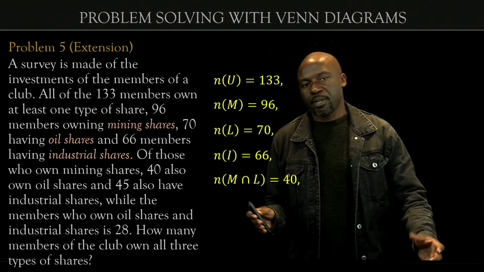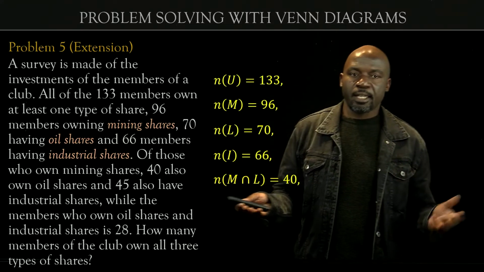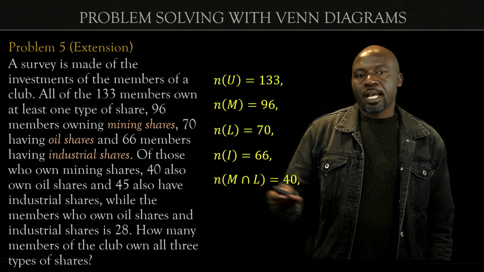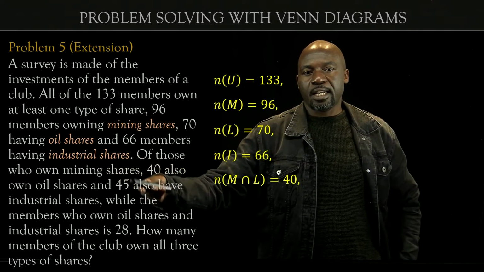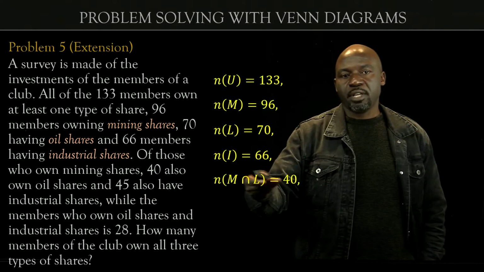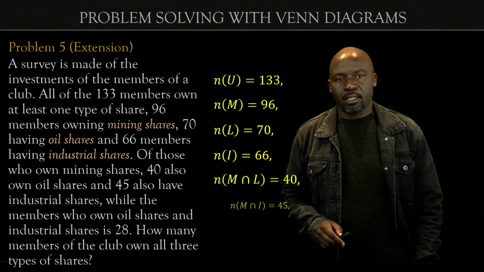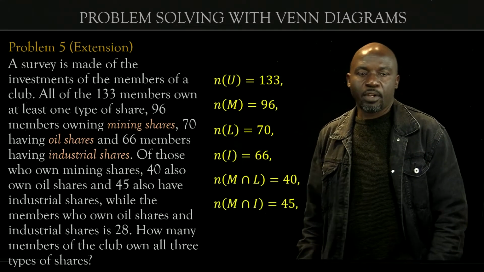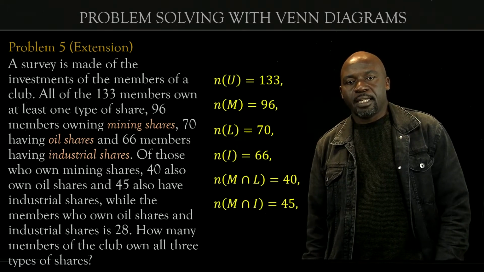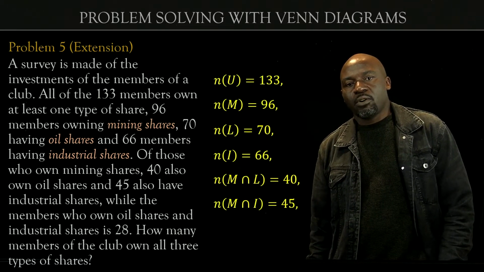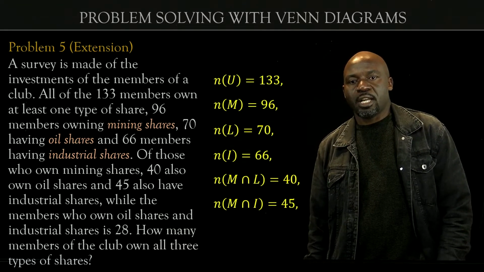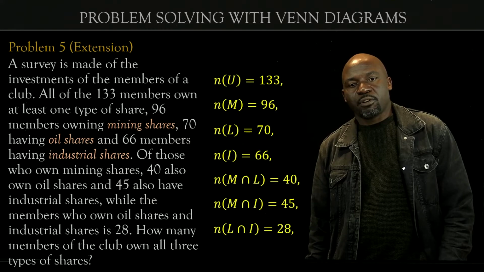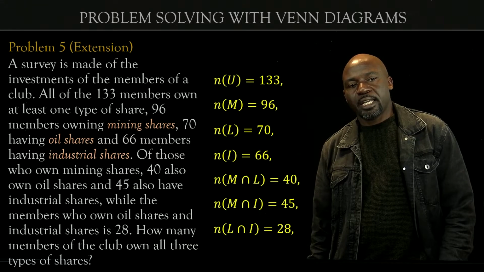There are 40 members who own both mining and oil shares, and there are 45 members who own mining and industrial shares. So M intersection I is 45. Lastly, 28 own oil shares and industrial shares, so the number of elements in L intersection I is 28.